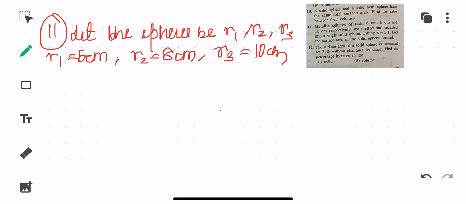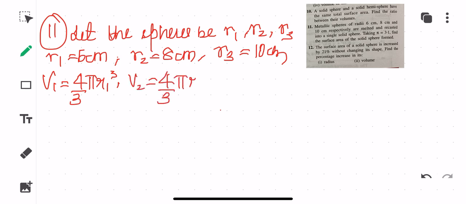So what will you be writing now? V1 will be equal to how much? Write down: V1 is equal to 4 by 3 pi R1 cube. V2 is equal to 4 upon 3 into pi R2 cube. And V3 is equal to 4 upon 3 into pi R3 cube.